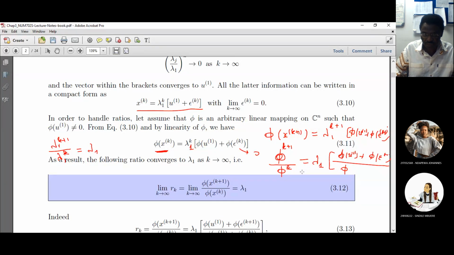This one, u1, you can see that we still have u1 there and u1 here. It doesn't depend on k, so it remains the same. Okay, and that expression, you put it there.